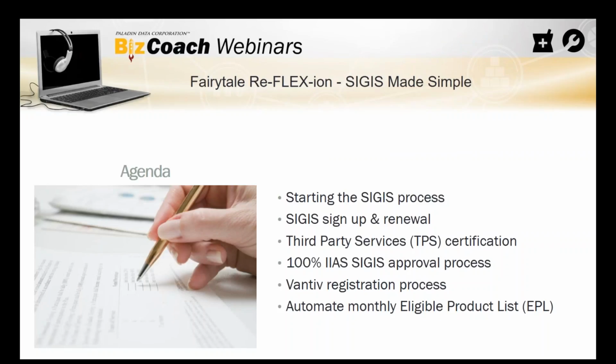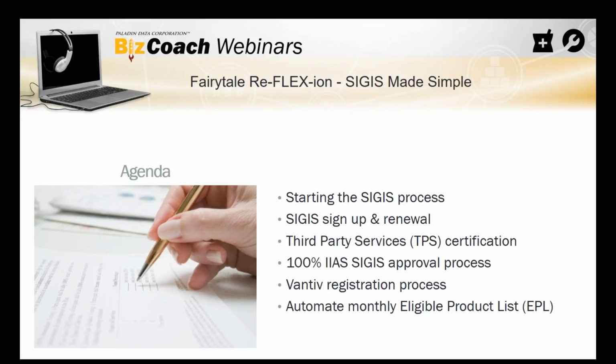You'll get messages or emails at about the 10-month mark for your renewal every year. Now, for the third-party services, that would be us here at Paladin. So we facilitate that certification to allow you to start the Flex eligible product list.